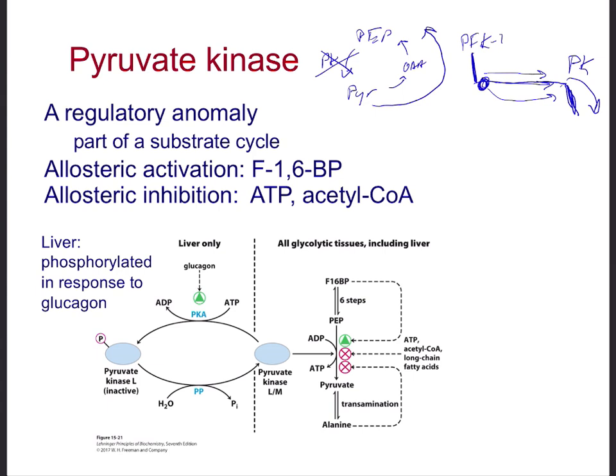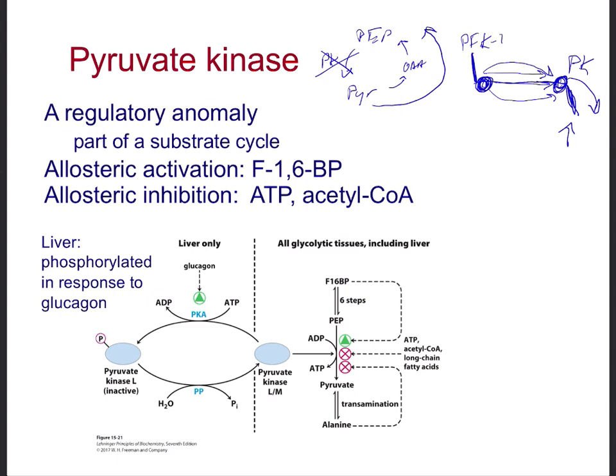If levels of fructose 1,6-bisphosphate start to rise, that means that we need to activate pyruvate kinase in order to use the phosphoenolpyruvate that's sitting right there and cause everything else by equilibrium to move towards the phosphoenolpyruvate.